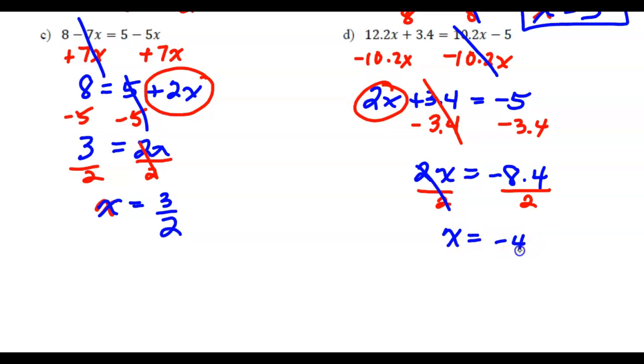And you might not need a calculator for that. Remember, 2 goes into 8 4 times. 2 goes into 4 twice. So half of 8.4 is 4.2, not 4.1. 4.2. I said it, but I didn't write it properly. Okay, so turn over the page.